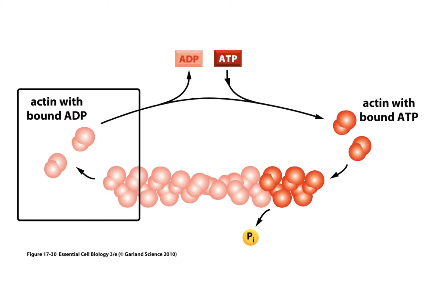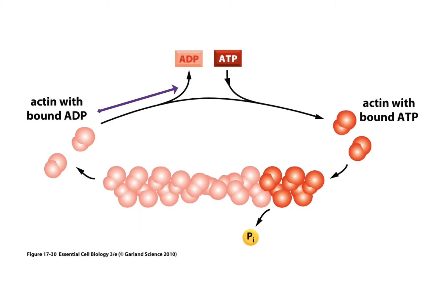So at this end, with bound ADP, they tend to be loosened up, and then they can be added to the other end by, again, activating them by phosphorylating them. So again, you can see why ATP is so important in a cell. It can act on actins, on microtubules, on tubulin, in various parts of glycolysis, gluconeogenesis, the TCA cycle, all over the place.